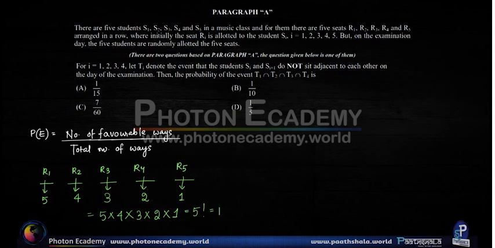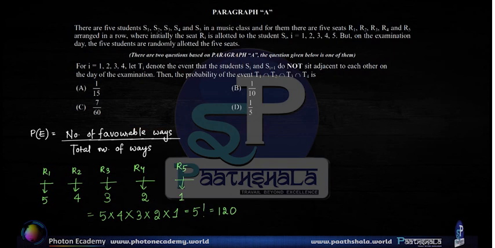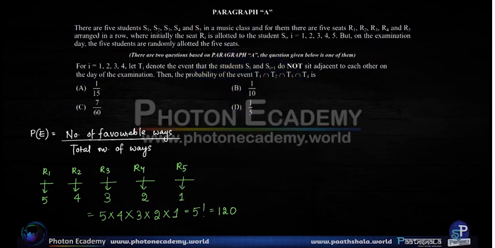is equal to 120. Now, we have to find the number of favorable ways, considering the condition that Ti denotes the event that the students Si and Si plus 1 do not sit together. We represent Ti as Si and Si plus 1 do not sit together.